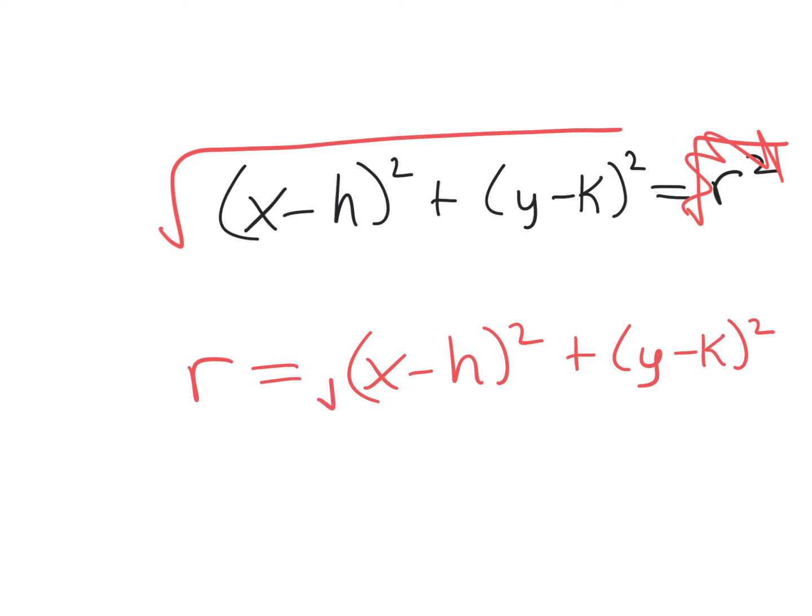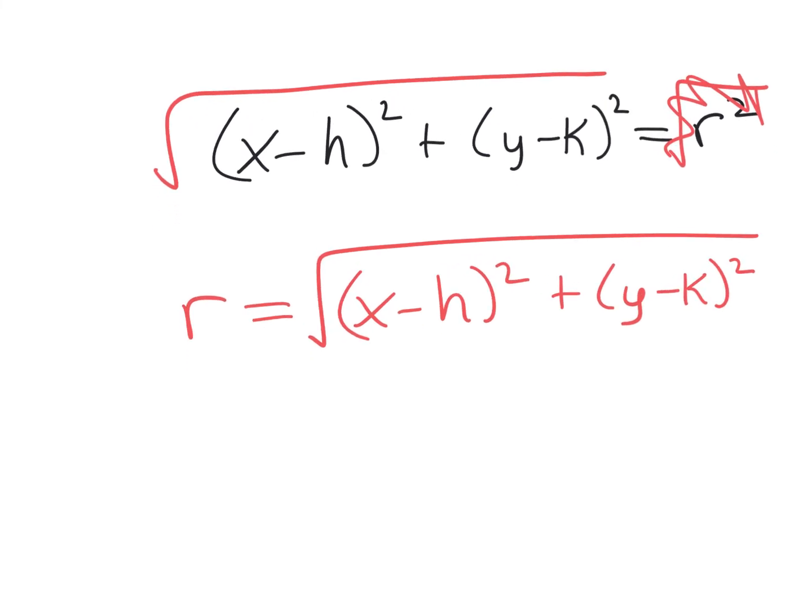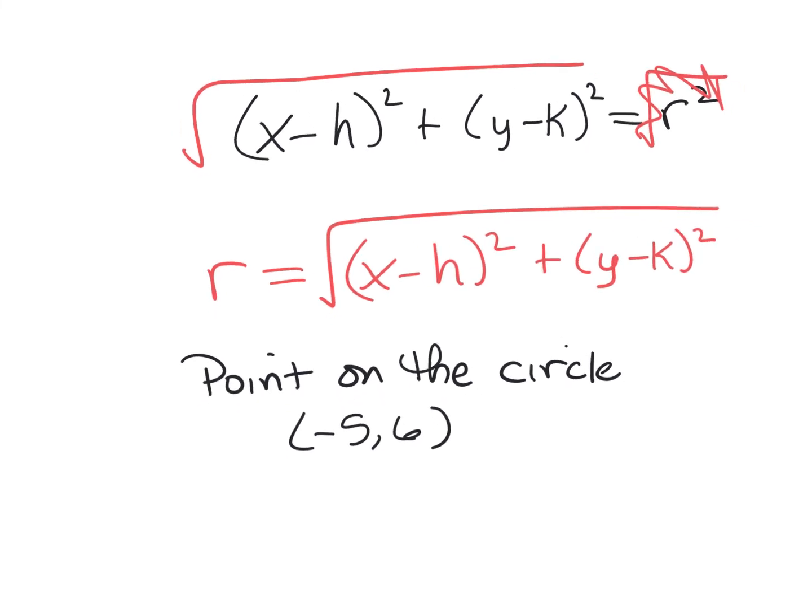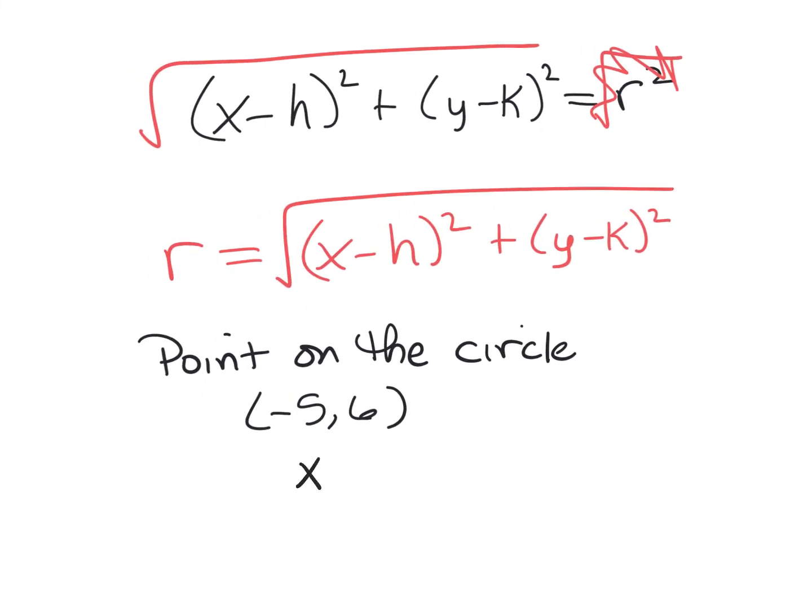So what I'm going to do is give you a point on the circle. So for example, -5, +6. In the formula, this is going to be x and y.